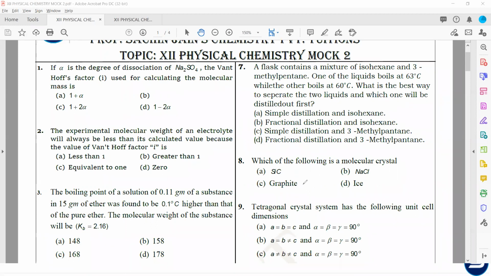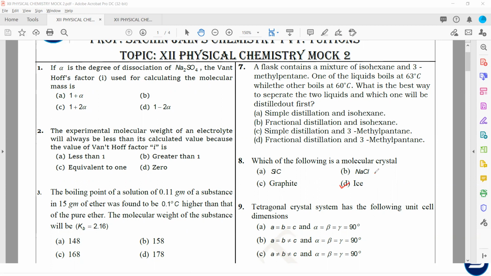Next, which of the following is a molecular crystal? Ice. And in fact, the subtype of molecular crystal is what? Hydrogen bonded molecular crystal है ये. H bonded है because it can be polar, non-polar or H bonded. Among them it is H bonded. So answer तो D है. What is NaCl classified into?